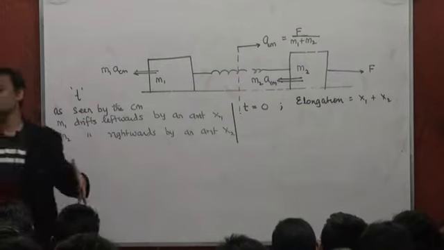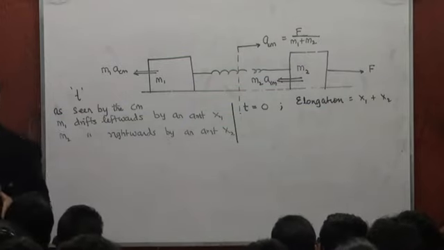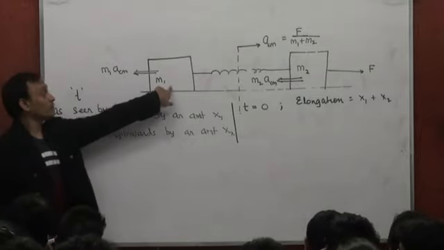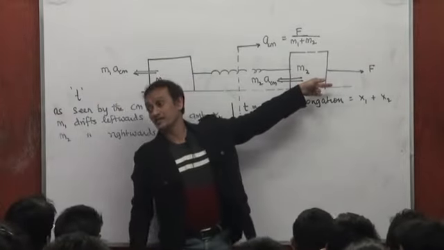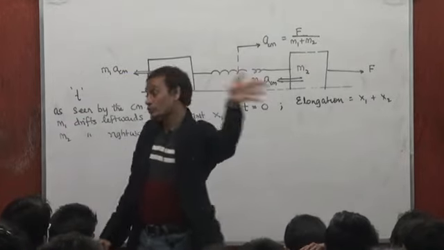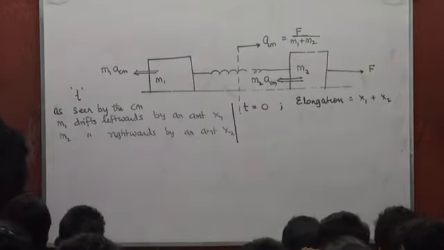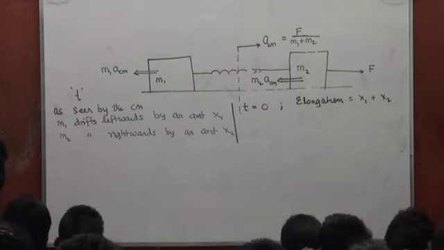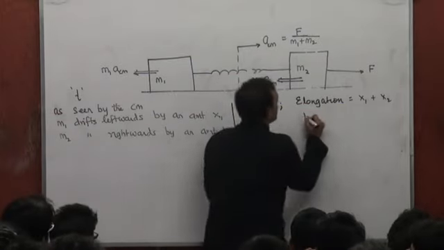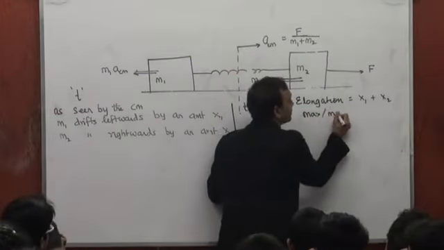Now, if this x1 plus x2 is a maximum or a minimum, then the velocity of m1 at this instant will be the same as the velocity of m2, the same as the velocity of the center of mass. That means the velocity of the two masses in the center of mass frame at this juncture would be 0.